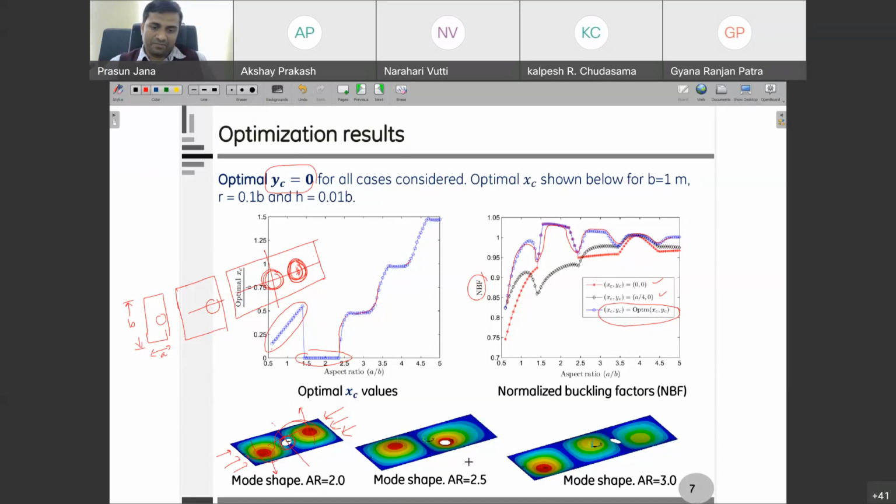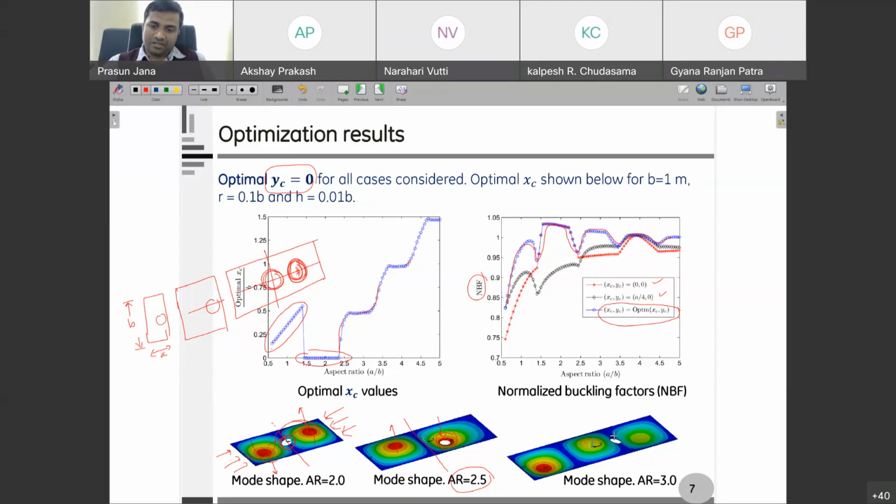But if you see the second case, when we have taken AR equal to 2.5, then the nodal line is somewhere here, and the optimal location is even where there is a maximum displacement occurring. So this is going up, this is going down, and this is actually at the maximum displacement.